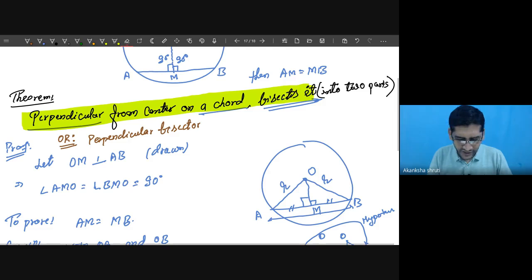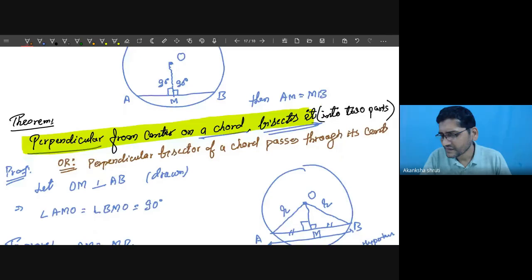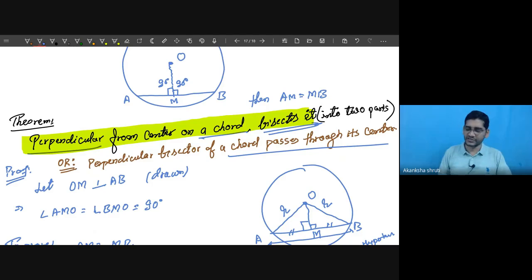So the perpendicular bisector of a chord passes through its center, because it is the chord, means it is of the circle. So this is the reverse of this theorem.